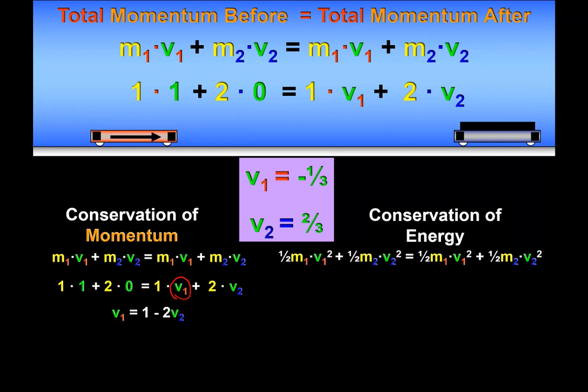But this is an elastic collision. Since it's an elastic collision, I know that energy is also conserved. So I can go back through my notes. Look, there's my conservation of energy equation. In this case, we're just dealing with kinetic energy. There's no potential energy. Kinetic energy is 1/2 mass times velocity squared.